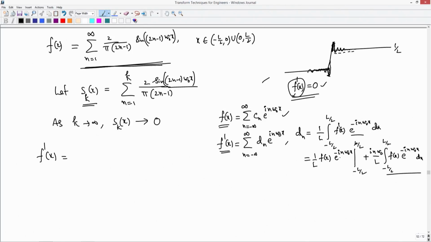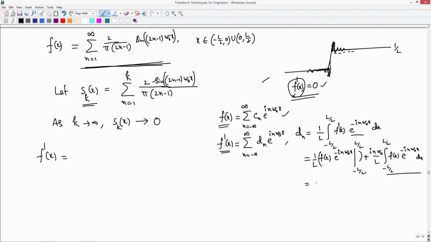So, what happens to this one? This becomes f at L/2 and f at -L/2, and if you calculate, this contribution will be 0.